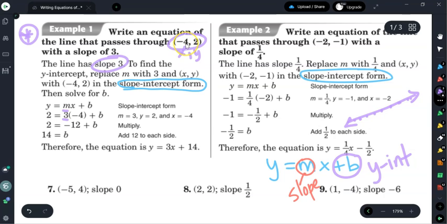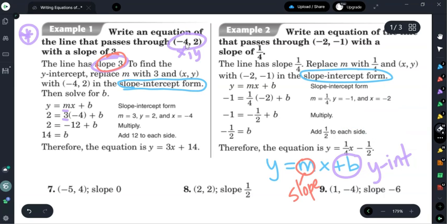So you're provided -4, 2. For example, let's say this is the point -4, 2. We know that's one point on the line, and we know that we have a slope of 3. So from here we would go up 3 over 1, up 3 over 1, etc. And that's how we graph.